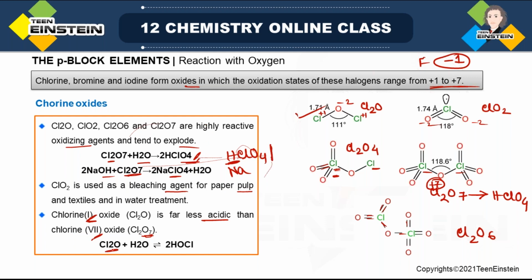But when you treat Cl2O with water, you get HOCl. If we compare acidity, HClO4 is a much higher acid, having higher acidity than HOCl. So as it is less acidic, that is the reason. Okay, any doubt?